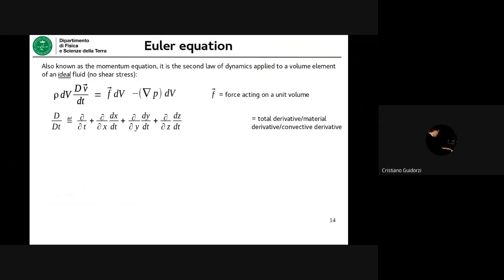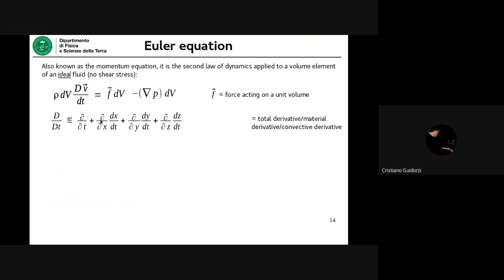So its total derivative is just this partial derivative with respect to t, the first term, plus what? Well, given that you are ideally following the element, it is as if you were considering all the spatial coordinates x, y, and z as functions of time.